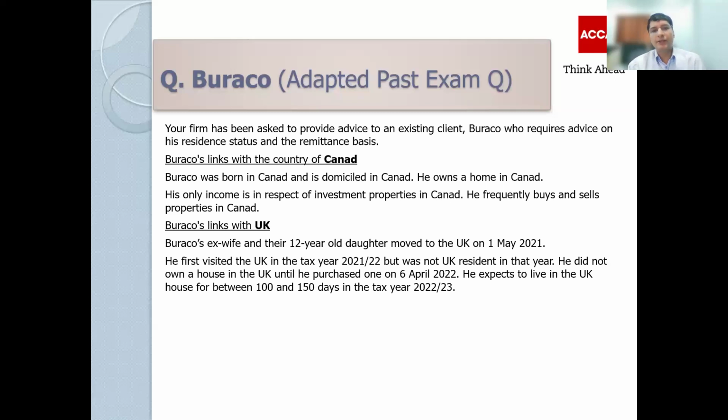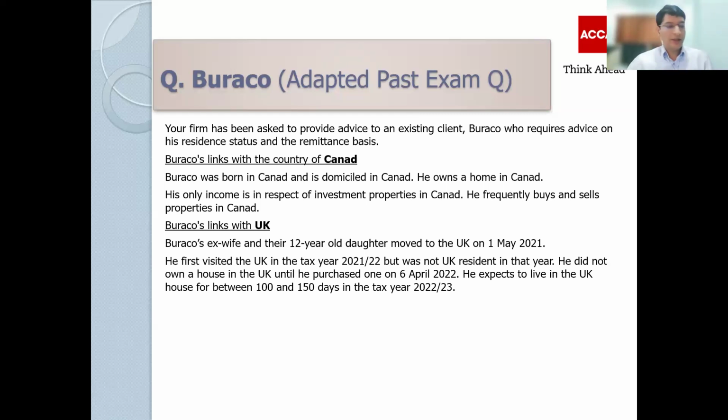Please have your tax table as well in front of you. For the purpose of some test, you can always refer to your table. There is one little information. Actually, I can guide you. Just give me a sec. Somewhere in the second page, there will be residence status table.